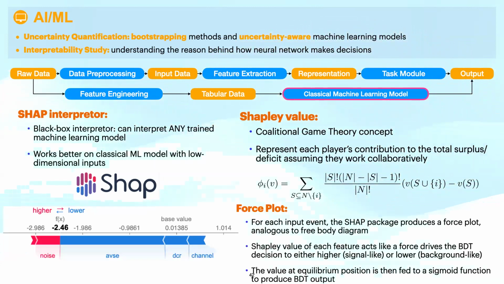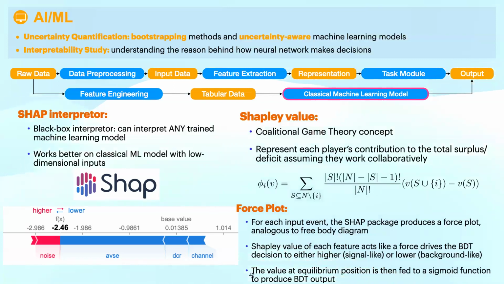So what a Shapley value can do is generate something called a force plot. I think this is a name that came up by computer scientists who never learned physics. So it's actually a free body diagram. The idea is that for each of your input events, the Shapley value will produce a force plot, which is the free body diagram.